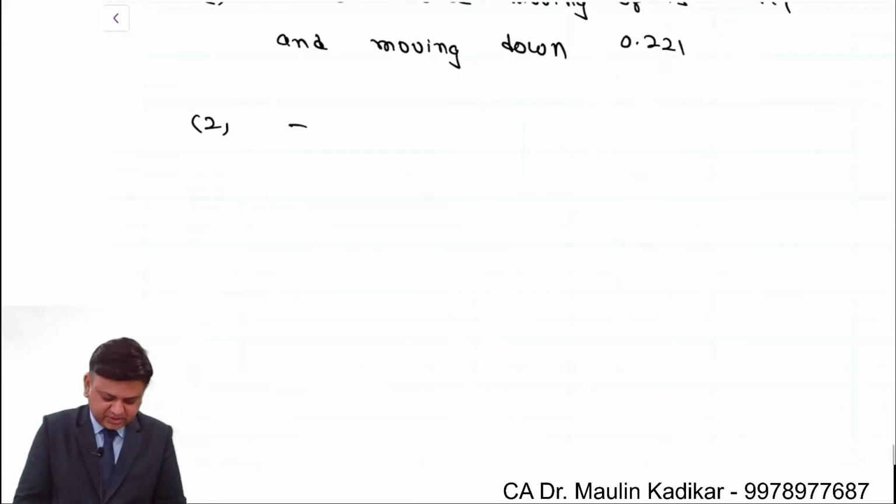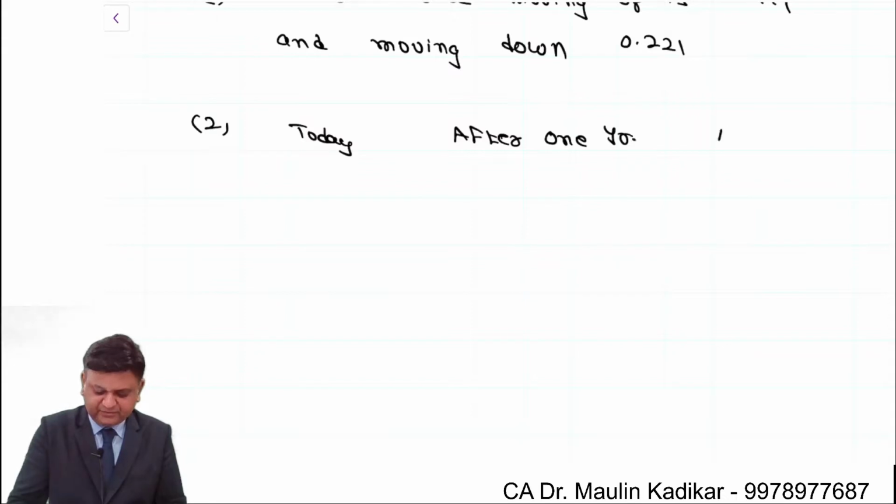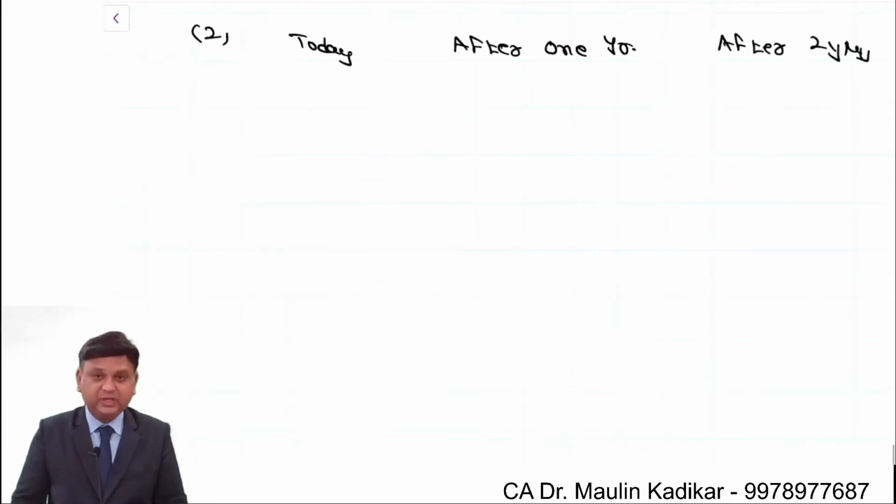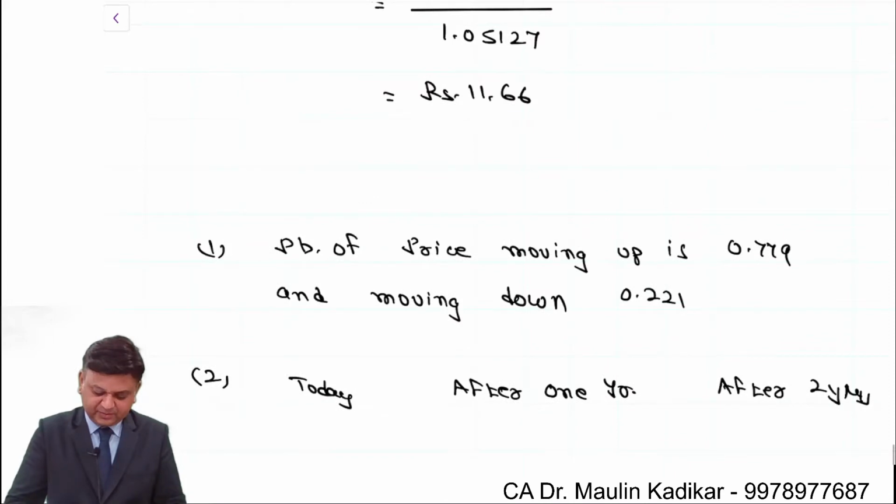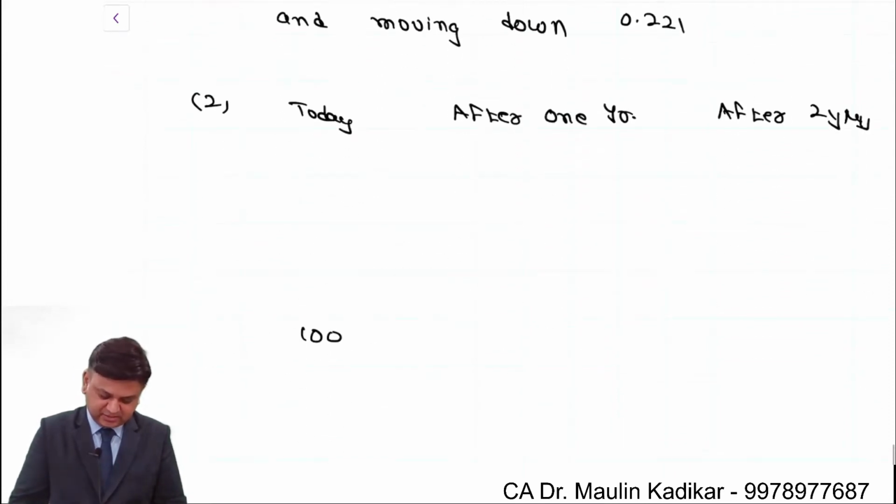So we understand that today, after 1 year and after 2 years. Today the market price is 100 and the value of the option is 11.66.